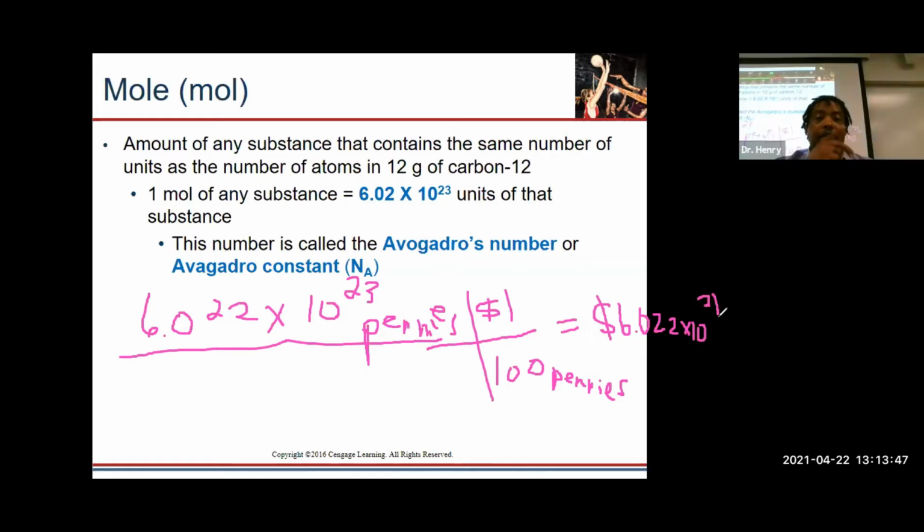A lot of money, right? Piece of cake. Simple.